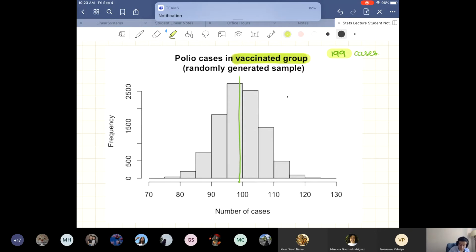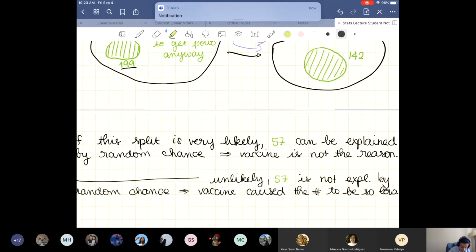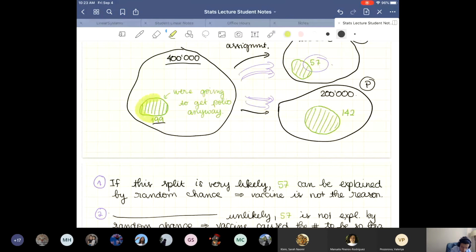Okay, so again, I'm trying to split these 199. So I'm splitting the 400,000 into two groups. And so this 199, most of the time, are going to end up being evenly distributed between this group and this group, right?